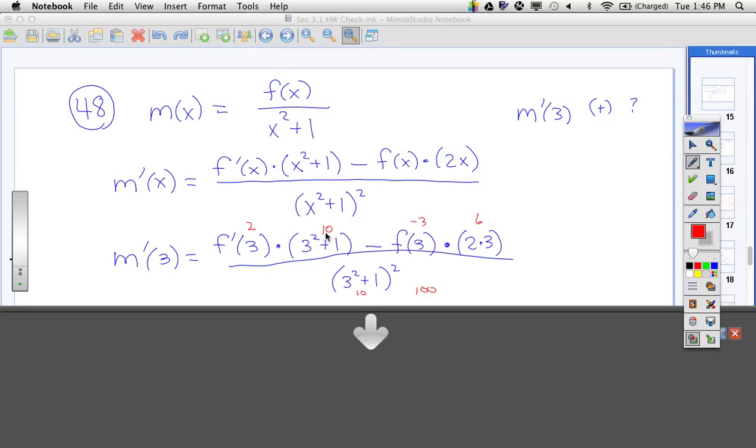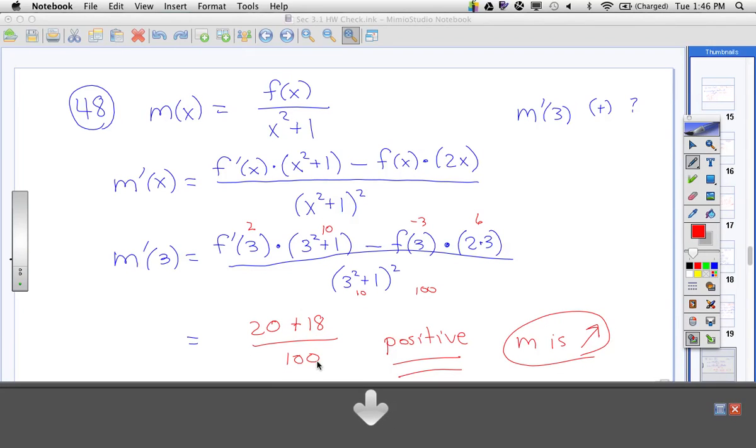So we get 20 plus 18, because that turned to positive. The bottom is 10 squared, which is 100. So we end up getting 20 plus 18 over 100, definitely a positive value. So since m prime is positive at 3, m is increasing. Okay? So there you go.